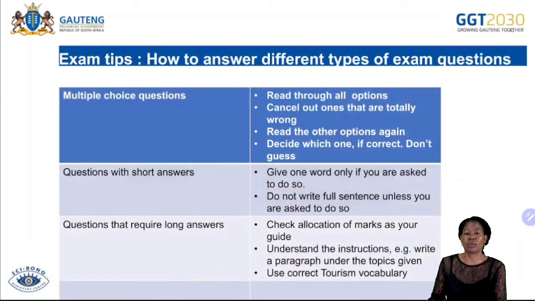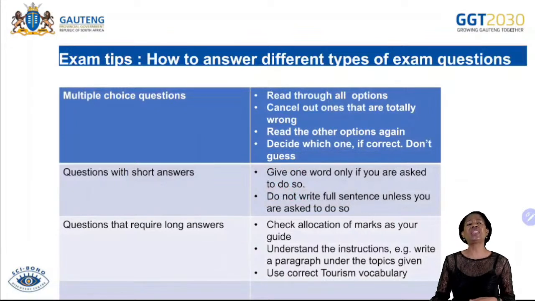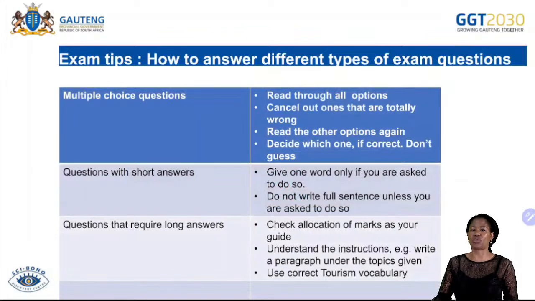This is my tips on how to answer different types of questions. Remember, I had section A with all short questions. But in here, I have multiple choice type of question. Section A, 1.1. Please make sure that you read through all the options. You will be given various possible answers to that question.